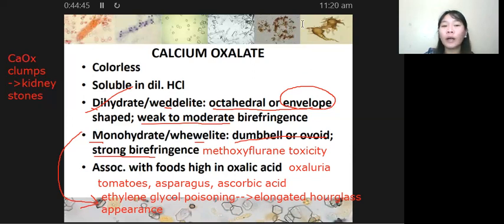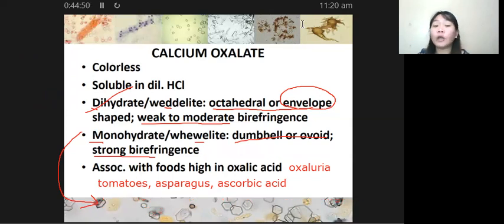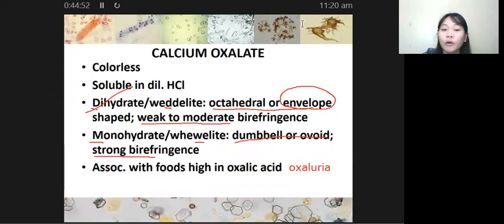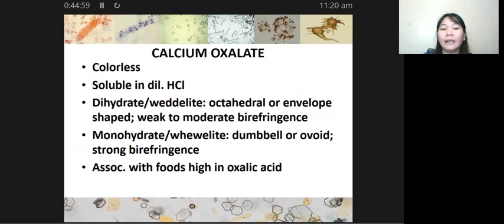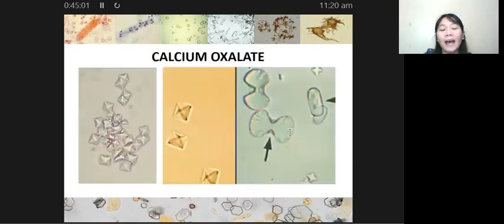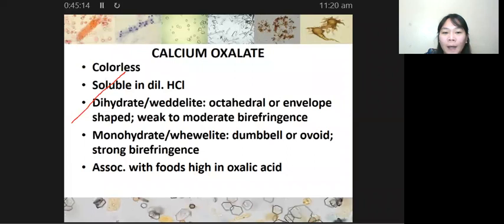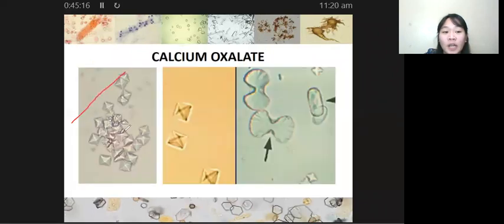In order for you to appreciate the appearance of calcium oxalate under the microscope, of course, I will show you. Wait lang kayo dyan. Here we have calcium oxalate in clumps. In particular, this is what we call the envelope shape.